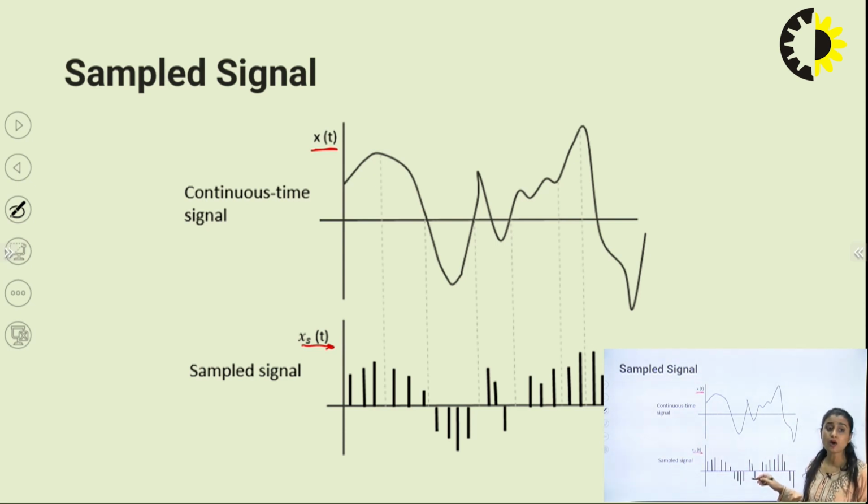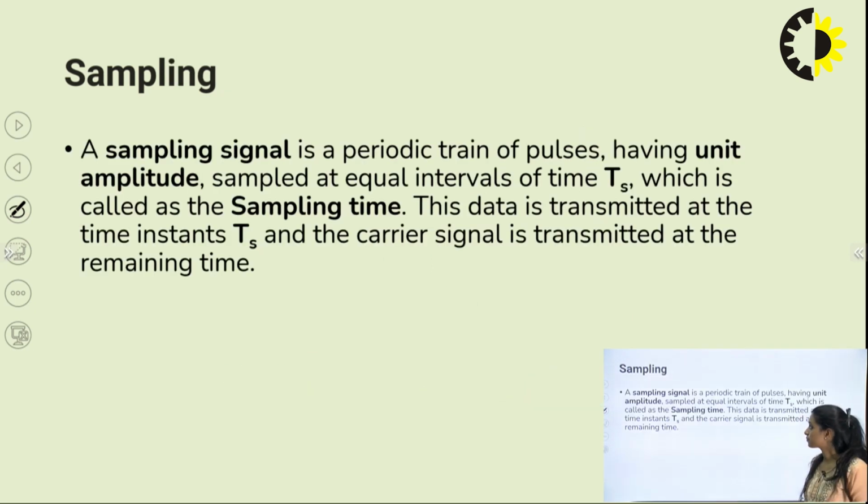So somehow I am reducing infinite sets into some finite set, right? So the time domain was continuous there. I had an infinite set. Now I have a finite set of time domain values, right? So sampling does that for me.